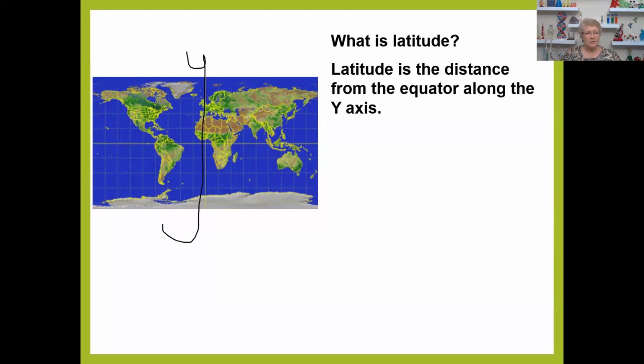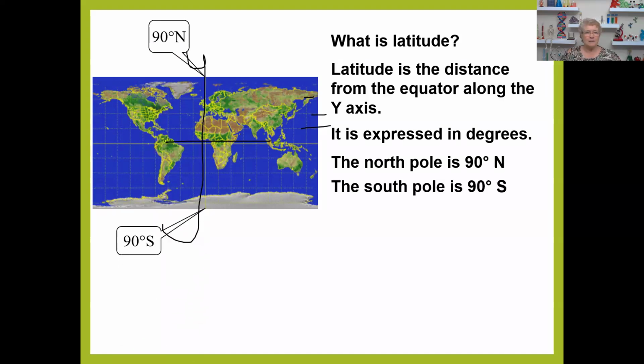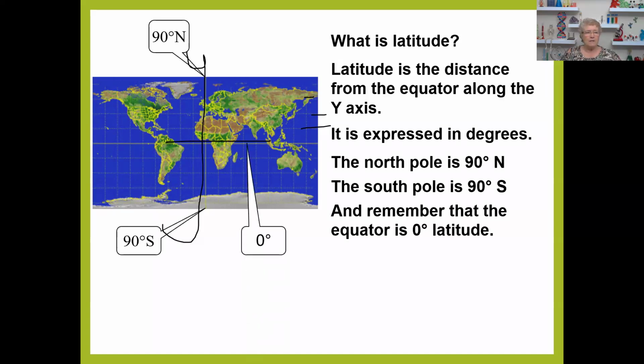So latitude is going to be the distance from the equator along that y-axis, up like that. It is expressed in degrees, with the North Pole being 90 degrees north, and the South Pole 90 degrees south. Remember that the equator is 0. The equator is going to be 0 latitude.